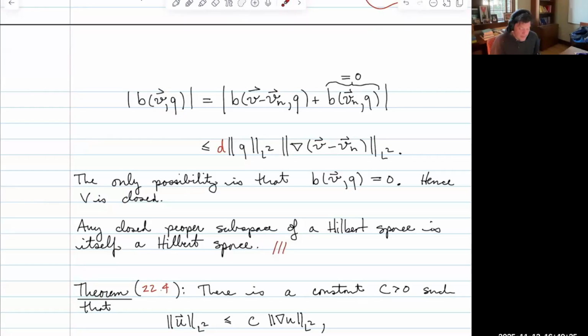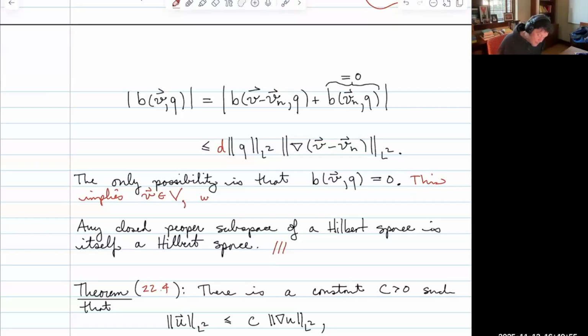This implies that v has to be in capital V.